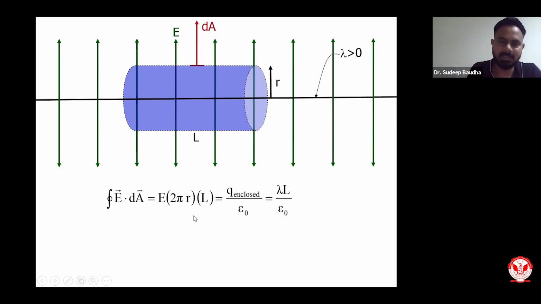Please remember, we calculated electric flux on this cap, on this cap, and on the tube. For this cap it was 0, for this cap it was 0, and electric flux was only on the tube, and we integrated the area, and finally we got the electric field equivalent to some value that we have already calculated in the previous case.